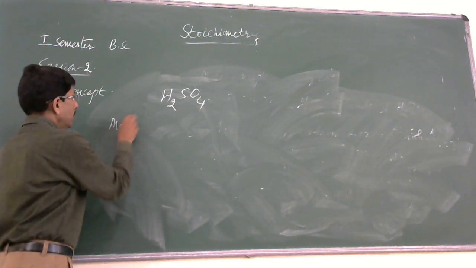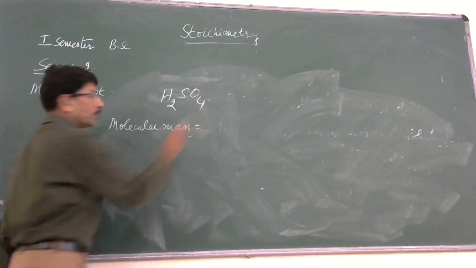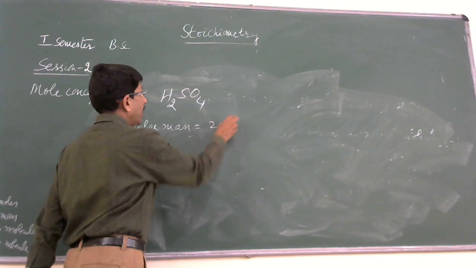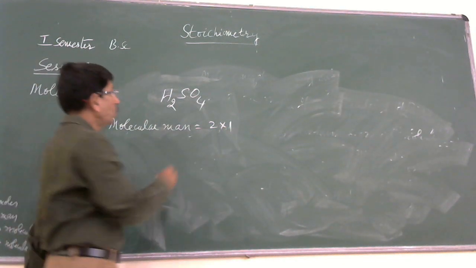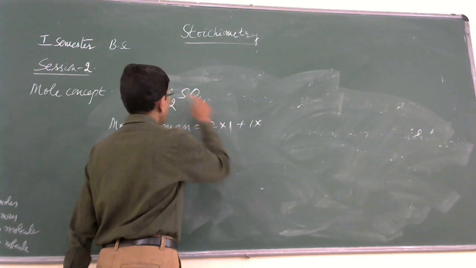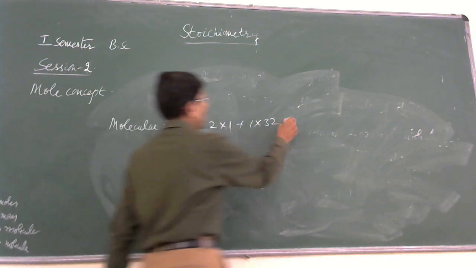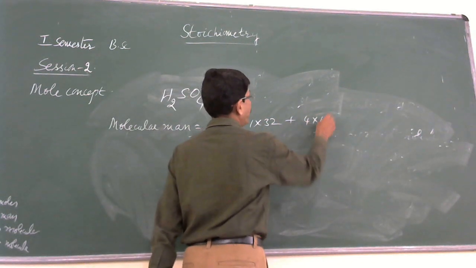Let us see what will be the molecular mass of this. The molecular mass of sulfuric acid: there are two atoms of hydrogen, 2 into 1, plus the atomic mass of sulfur, which is 32, with one atom of sulfur, and the atomic mass of oxygen is 16, and there are 4.